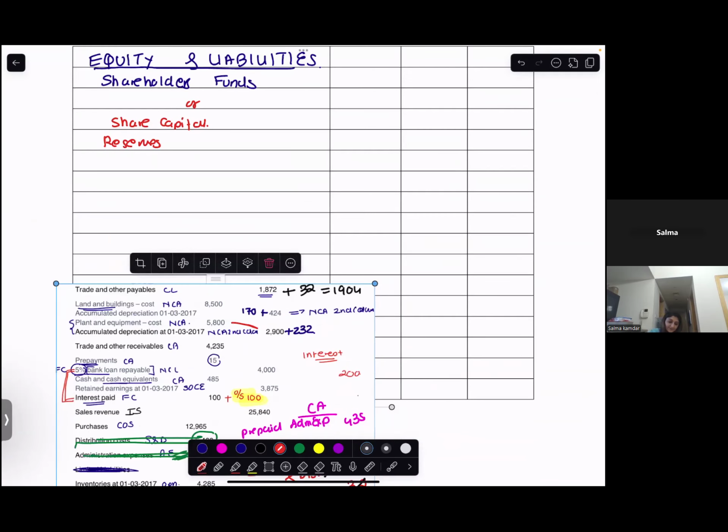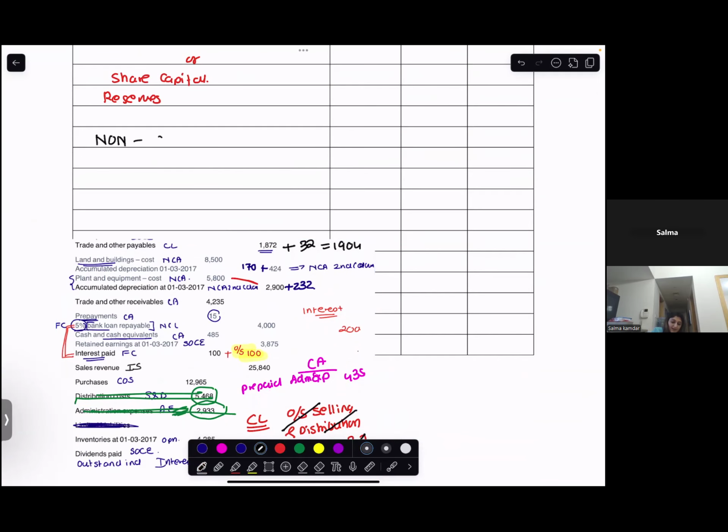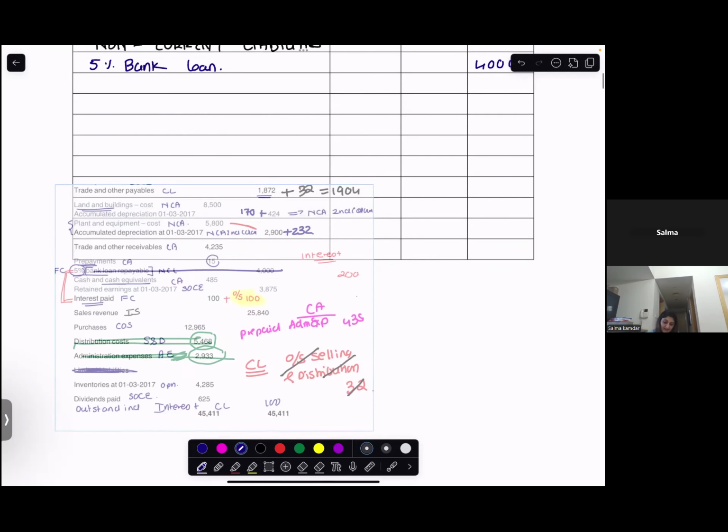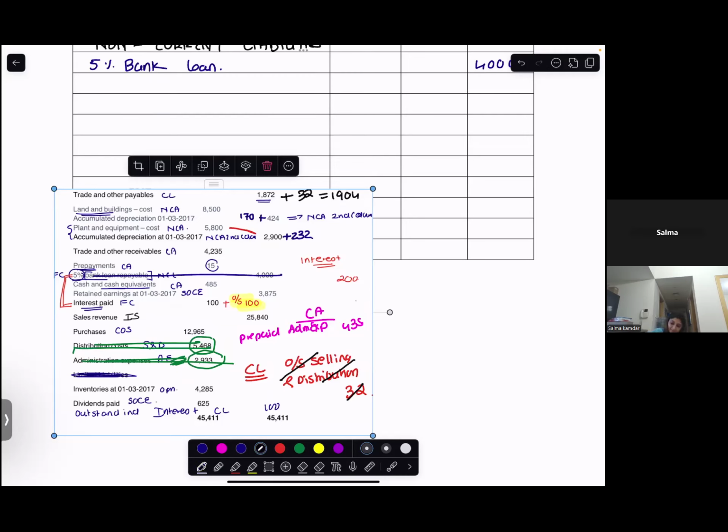After that, what do I have? I have the non-current liabilities. I have one non-current liability, bank loan, $4,000. I write it over here. Because there is one, I directly take it to the outer column. There is no other non-current liability. And then I have my current liabilities.